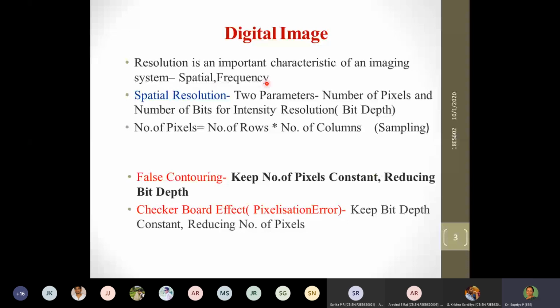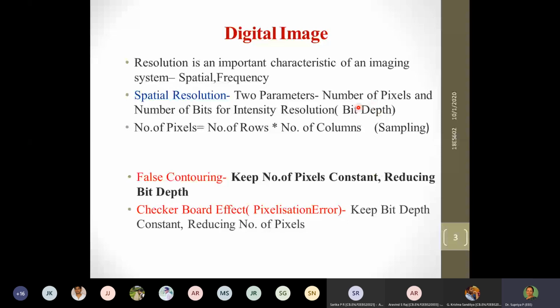So the term used for frequency is the same, however for time we will represent it as space. And the spatial resolution will be defined in terms of two basic parameters. The first parameter is the number of pixels, and the second parameter is the number of bits for intensity resolution. This is in other words called bit depth.